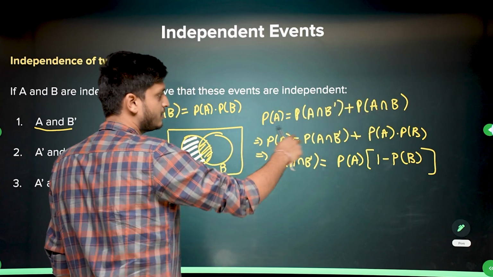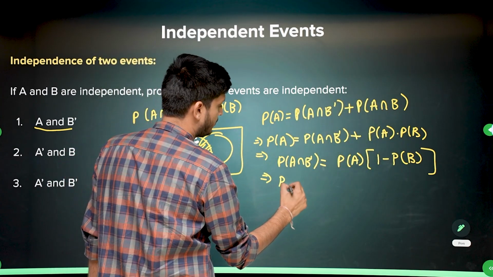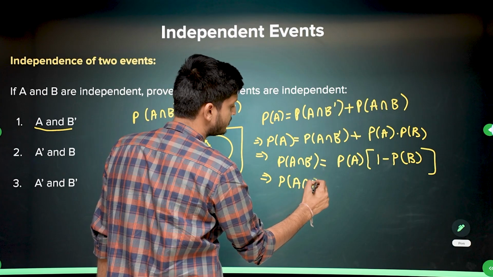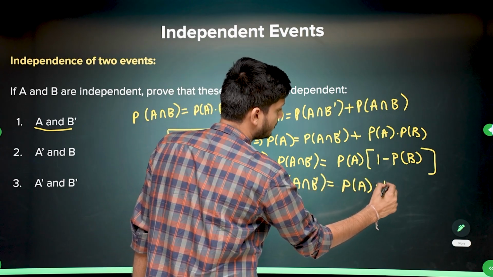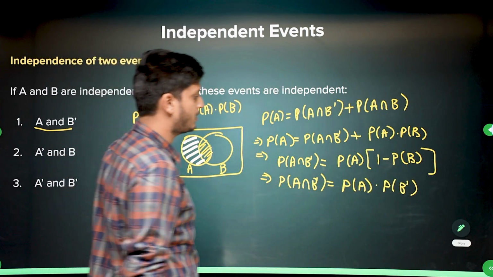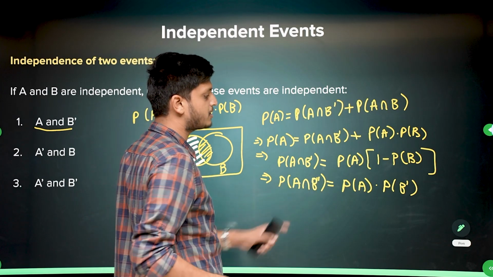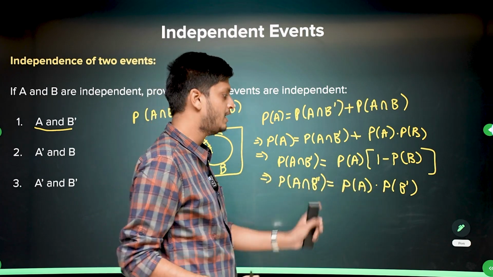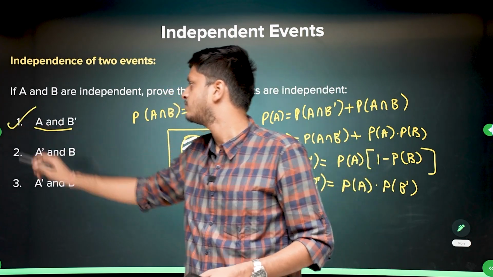So probability of A intersection B complement is probability of A times probability of B complement, since we know that 1 minus probability of B is probability of B complement. So hence proved. Since probability of A intersection B complement is probability of A times probability of B complement, A and B complement are also independent of each other.